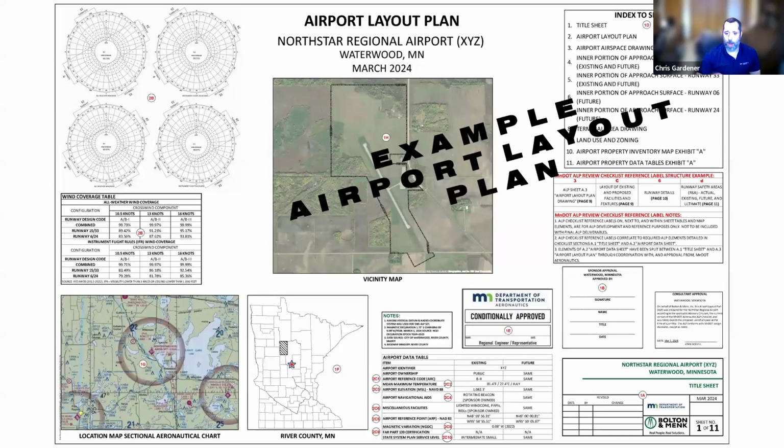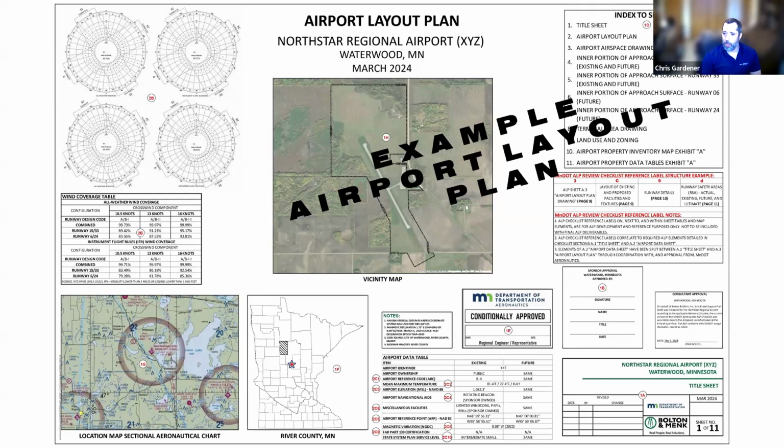We're going to briefly walk through this, then we'll watch the video. All the information that we're covering today is available online on the Aeronautics website, and we will show you the location towards the end of the webinar.